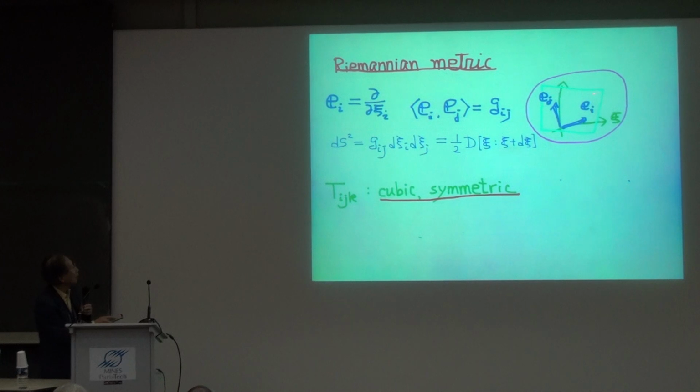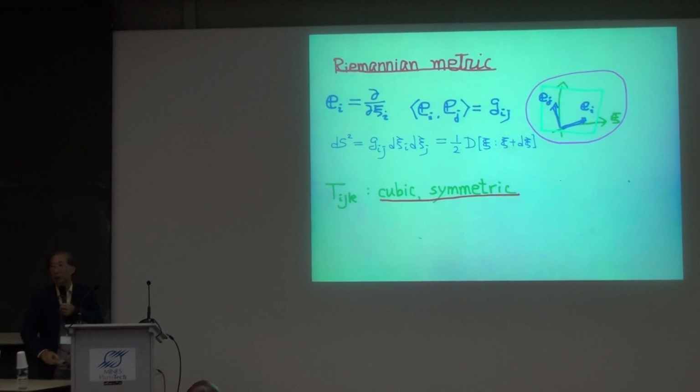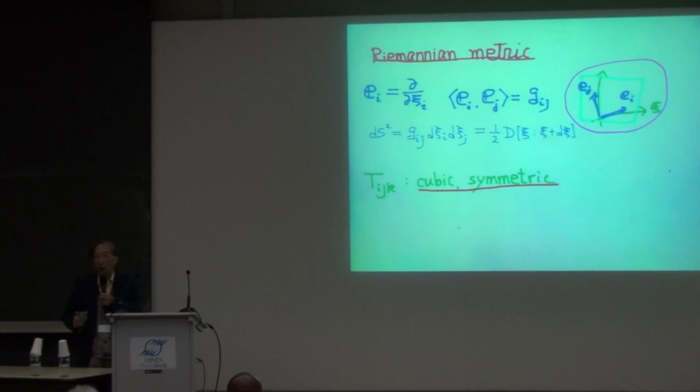And so we have the inner product of those, and if the Riemannian structure is defined, it is the Riemannian metric tensor, and it comes from the Taylor expansion of the divergence, and also T_ijk comes from the Taylor expansion. What is the role of this T tensor in Riemannian geometry?